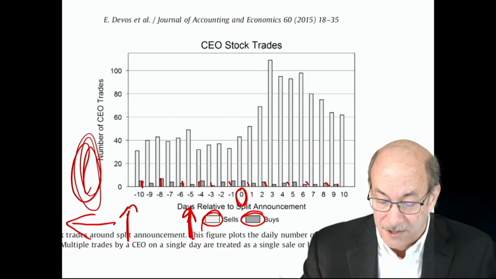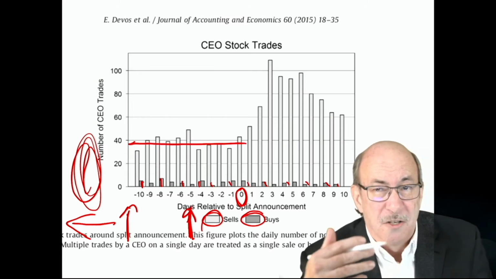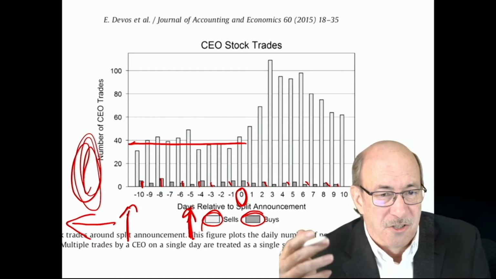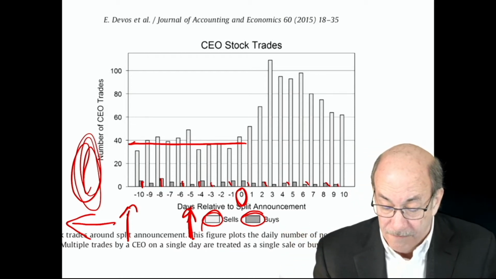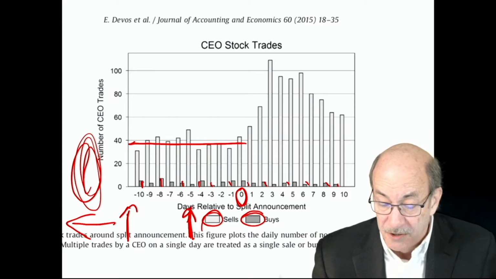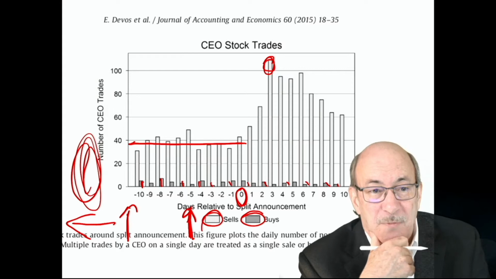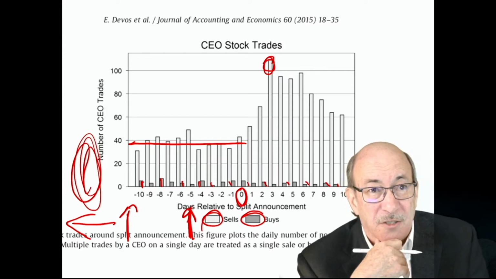In fact, look at this data. Here are the trades. This is just the number of trades, not shares traded. If we looked at shares traded, we'd see the same pattern. But the number of trades is around 40-ish on a daily basis. Boom, all of a sudden it pops up to 2.5 times that on the couple of days following the stock split announcement.